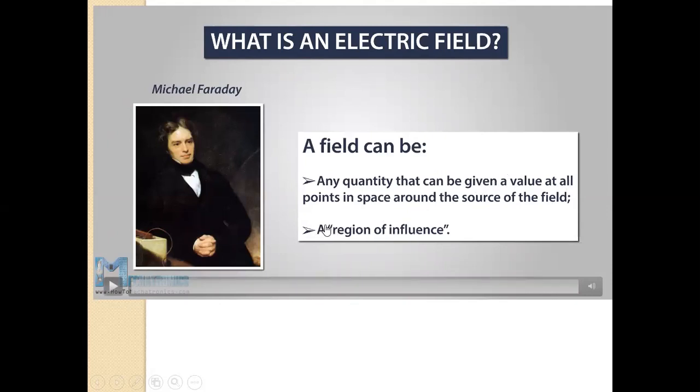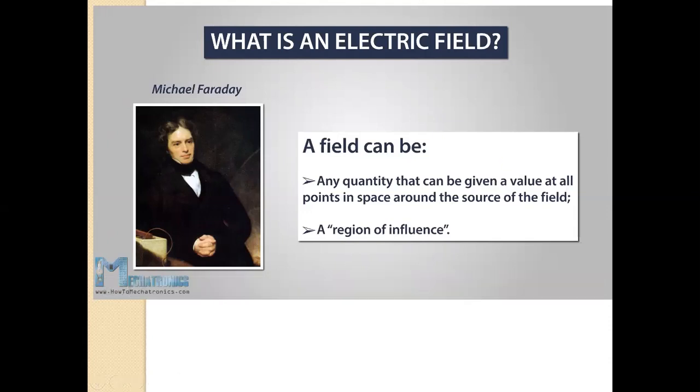A region of influence means that if we bring any other charge near another charge, in the field of that charge, it will be influenced, meaning it experiences a force, and the force is attractive or repulsive depending on whether they are like charges or unlike charges.